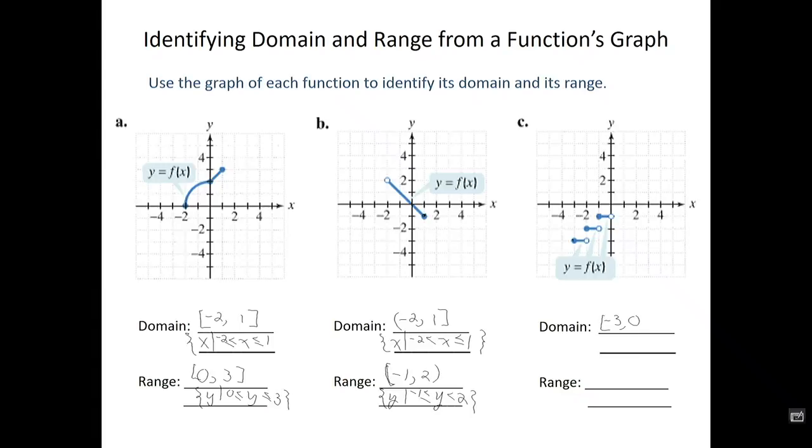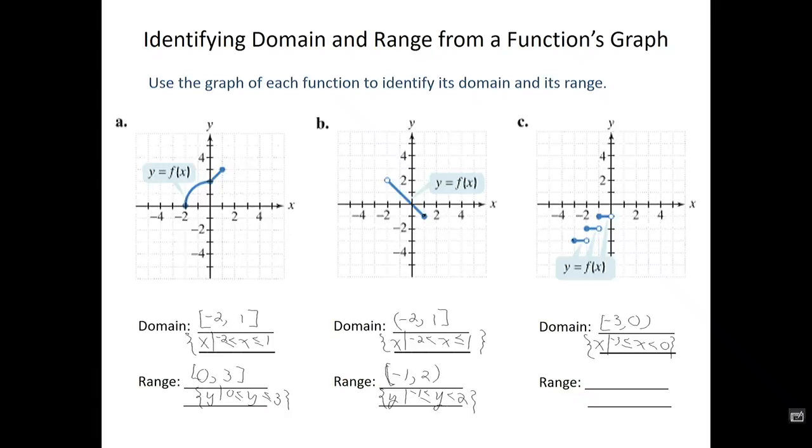And the 0 is open, so we're going to put a parenthesis. In set builder notation, the domain would be the set of all x such that x is greater than or equal to -3 and less than 0.